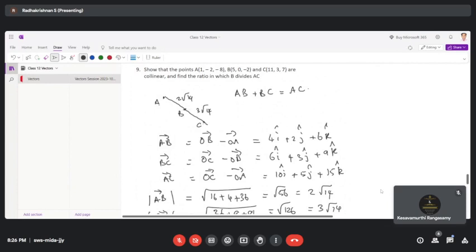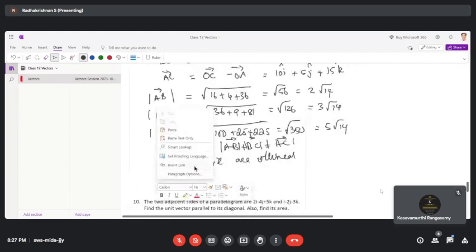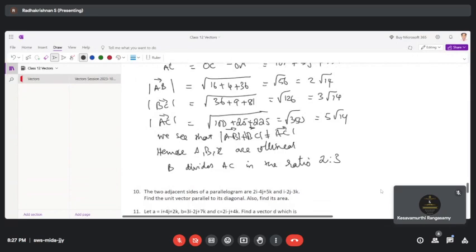So at what ratio it divides? 2:3, right? 2 root 14 is to 3 root 14. So root 14 gets cancelled out.